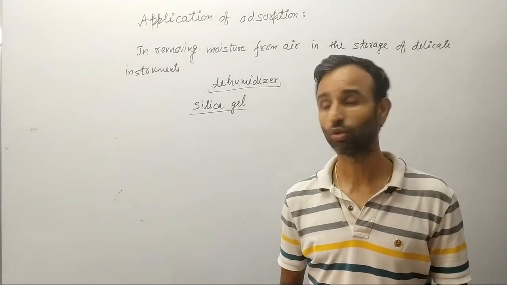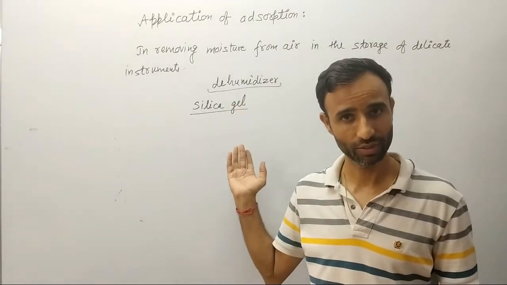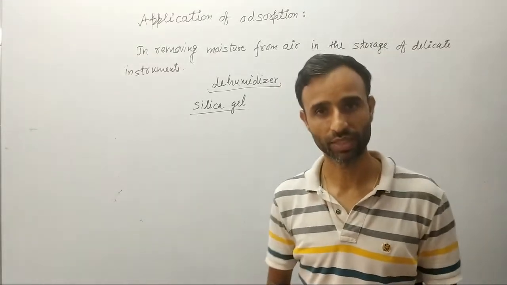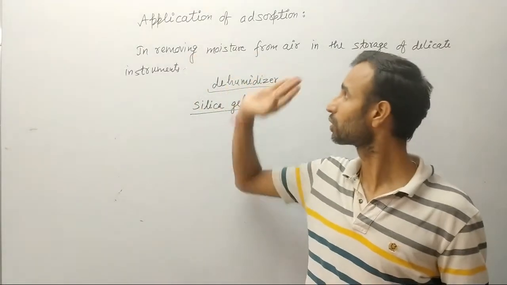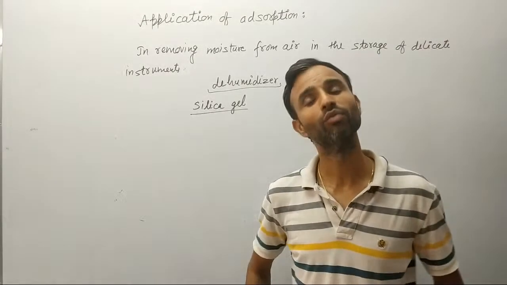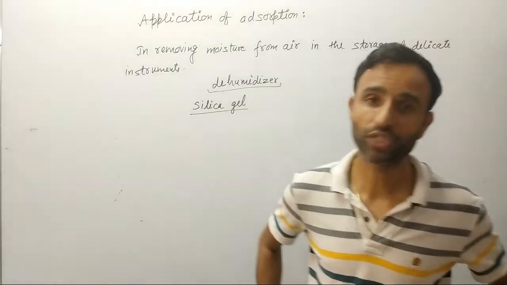Corrosion is because of humidity. If a humid atmosphere is there, corrosion takes place. So in removing moisture from air and in the storage of delicate instruments, we use a dehumidifier that absorbs moisture from the air.